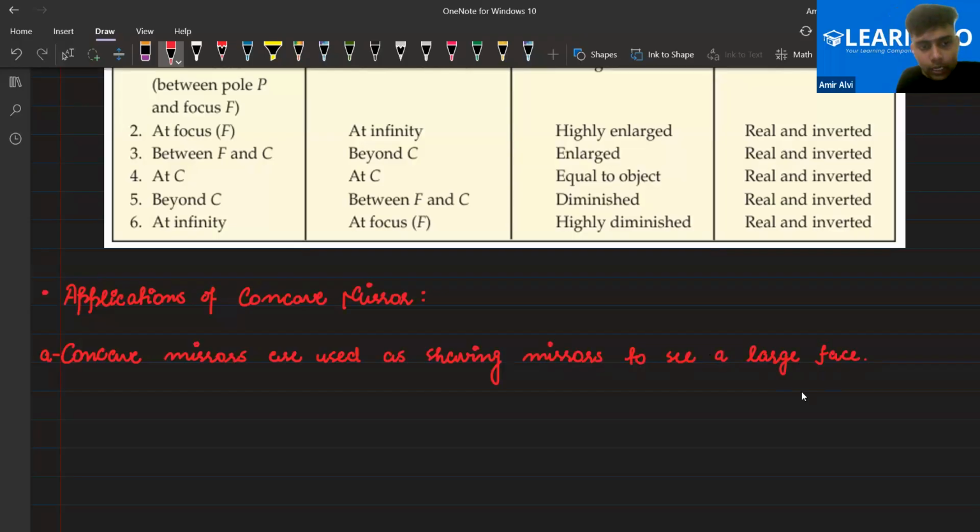Concave mirror is also used as makeup mirrors. Okay, I'll add this in the same point. That will be one case, because both are the same thing. It's not different, because for men it's shaving and for women it's makeup.